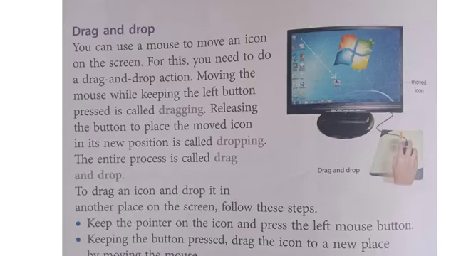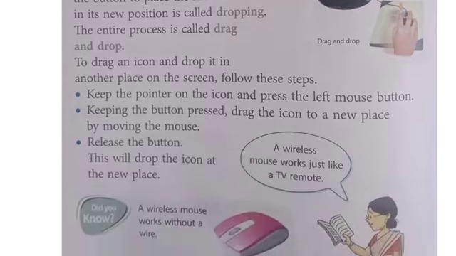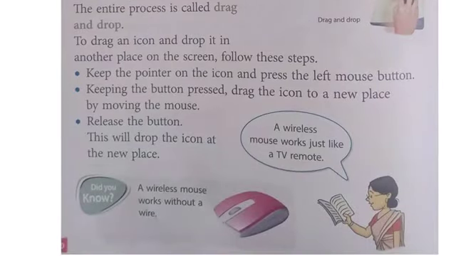Dropping means you have come to the desired place where you want to keep that program, and you release here. So this is called drag and drop. Drop means releasing. To drag an icon and drop it in another place on the screen, follow these steps.